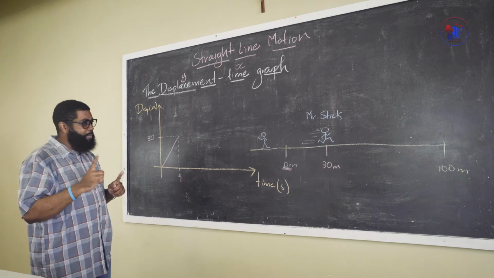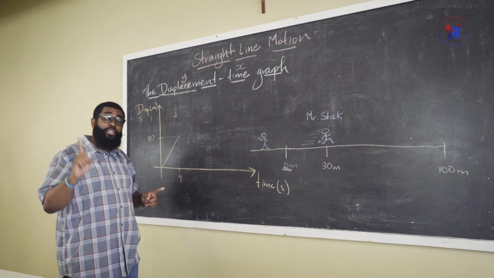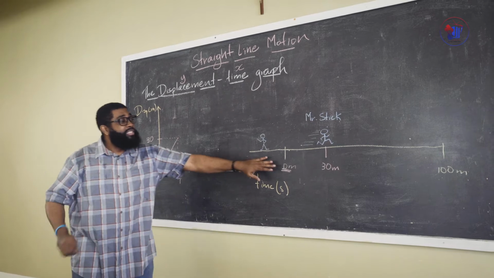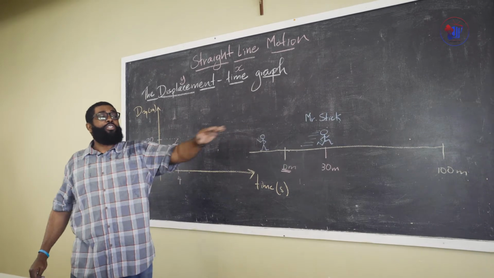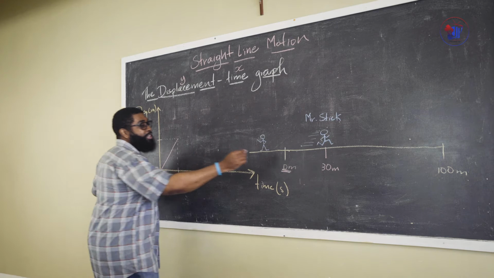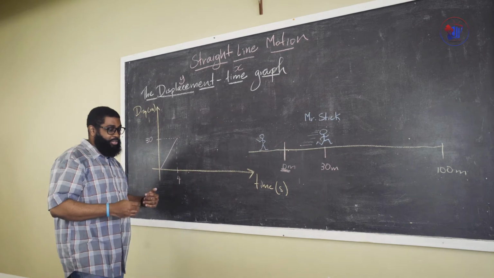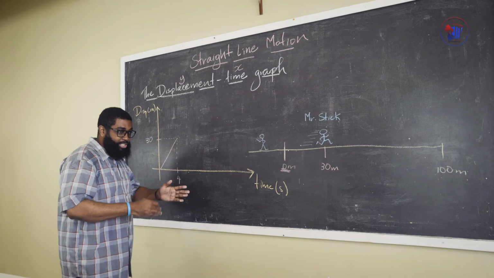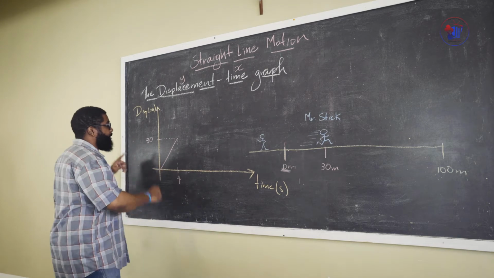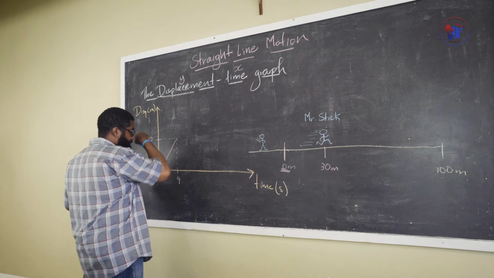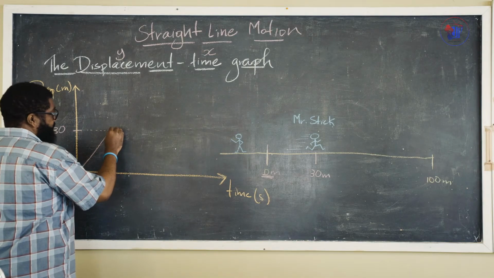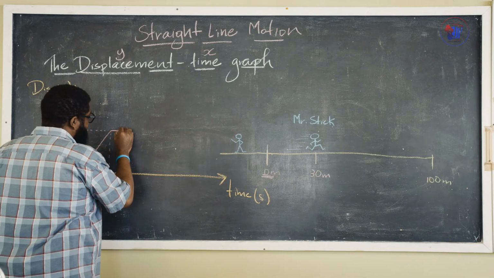Now I'm using the term displacement and I didn't explain this, but you should know that if he's starting at 0 and running to 100, his displacement is measured from here. You don't move the start line in a 100-meter race. It stays stationary and you move. So if Mr. Stick stays still and he doesn't go forward, his displacement remains constant.